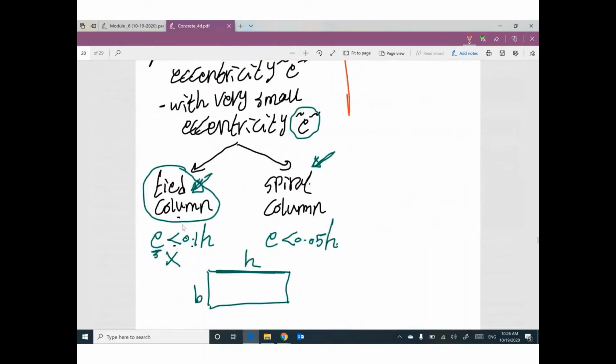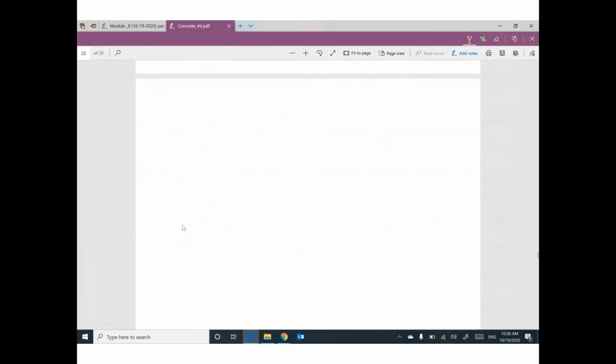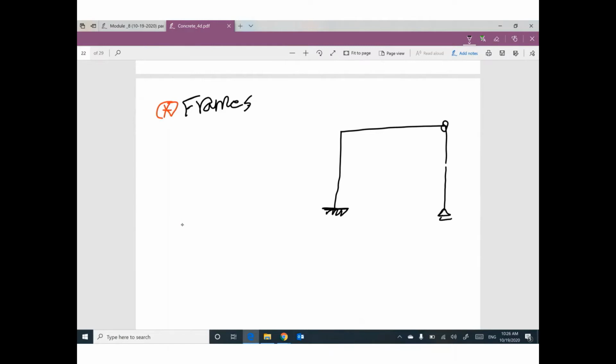Do you remember in structure analysis, we talked before about something called frames? Probably this column is a part of a frame. We have fixed, we have a roller. Probably we have a hinge here, not here. This one will be unstable. So we have load for any reason.